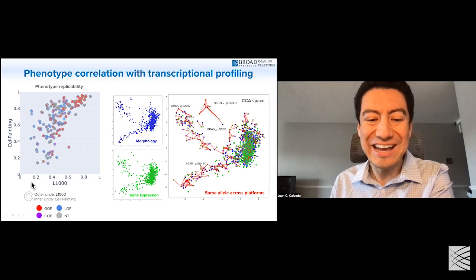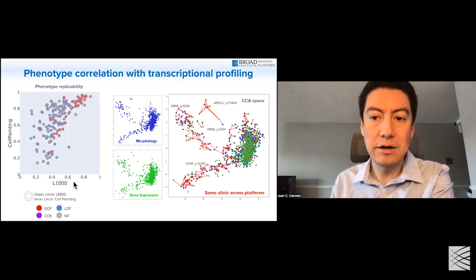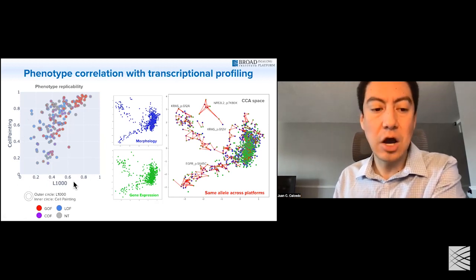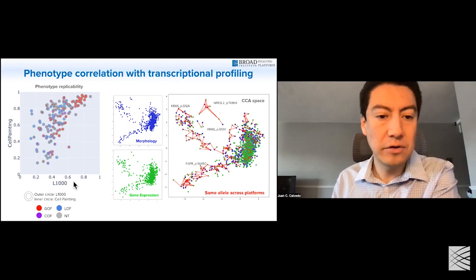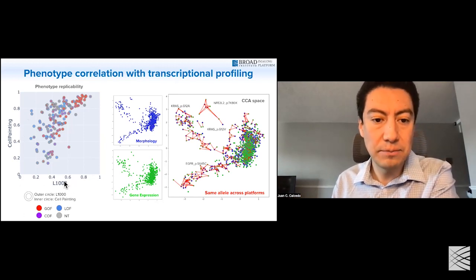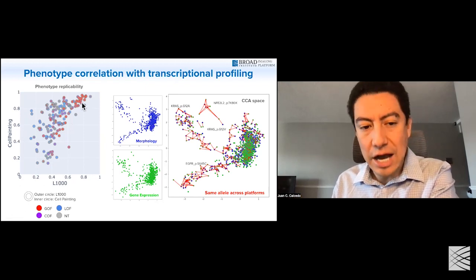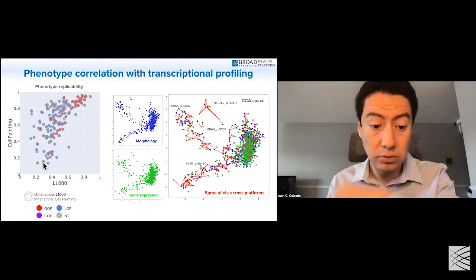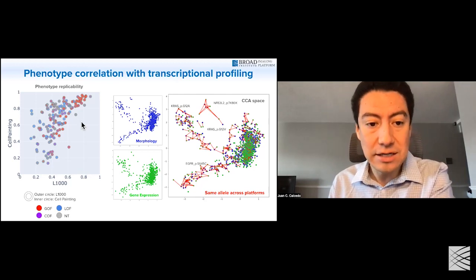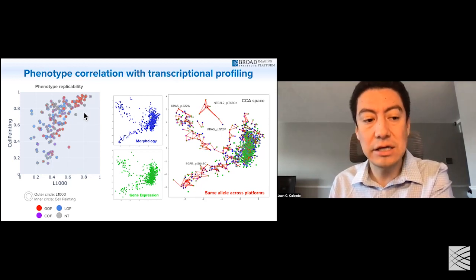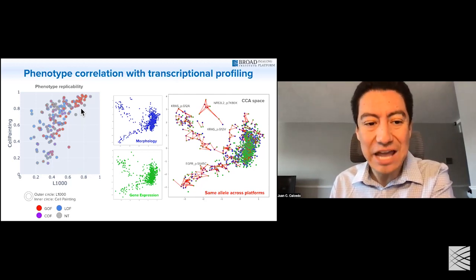And in the x-axis, we have the counterpart for L1000, how much signal you get for each of those variants or wild type genes. And what we see is that there is a high correlation between them. So if you have high signal for that specific variant in L1000, it's likely that you're going to observe also a high signal phenotype using the cell painting assay.